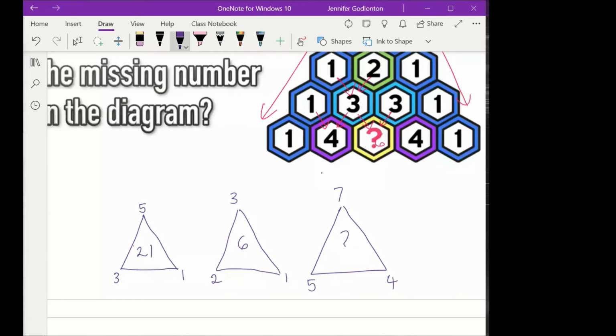Let's see if you can solve this. I want to know what that question mark is. Oh, Alvarez, no, this is not algebra.